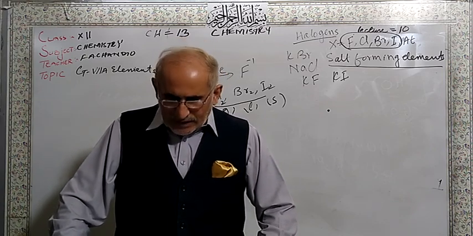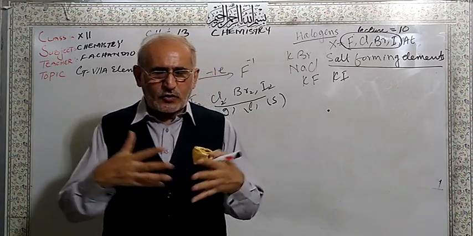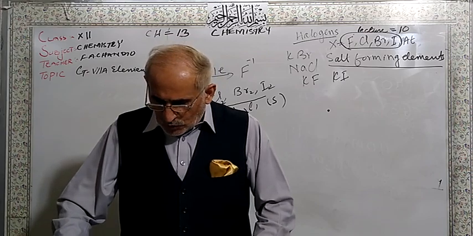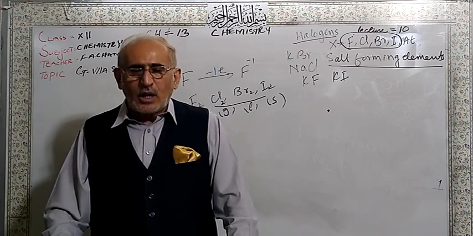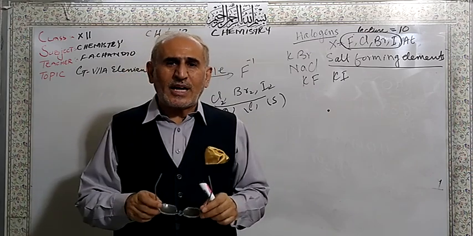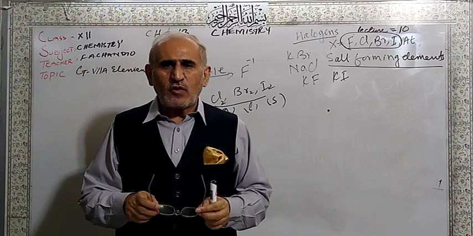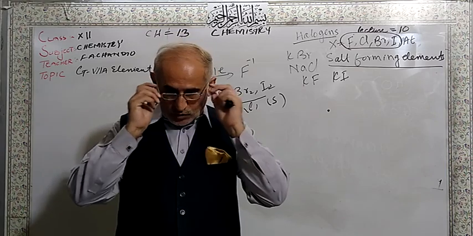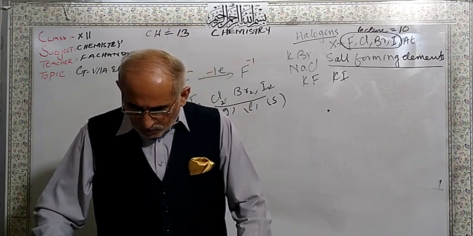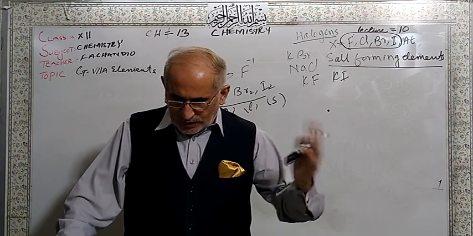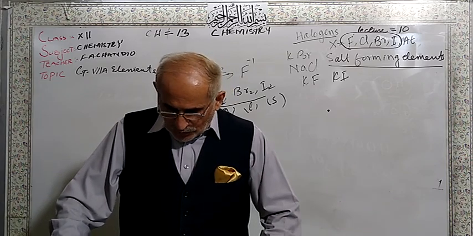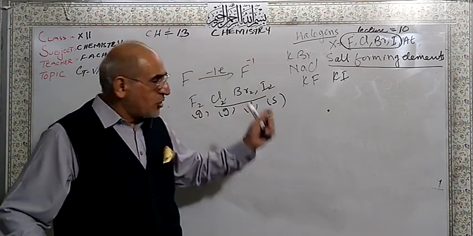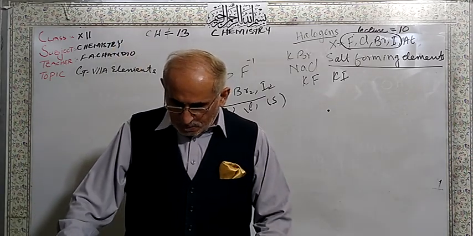This indicates that van der Waals attractive forces become more prominent, stronger as we go down the group. Molecular size increases, and van der Waals forces become stronger. You did van der Waals forces in grade 11 also. The physical state changes from gases to solids.